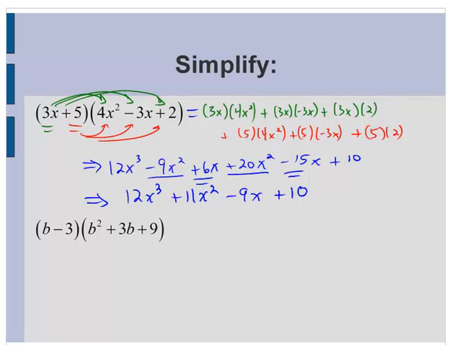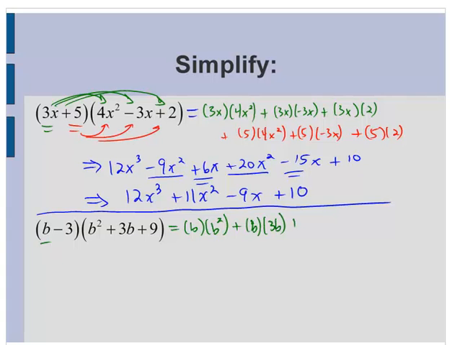Why don't you try this one on your own? b minus 3 by b squared plus 3b plus 9. Alright, applying the same idea, I would have b times b squared plus b times 3b plus b times 9, plus negative 3 times b squared plus negative 3 times 3b plus negative 3 times 9.